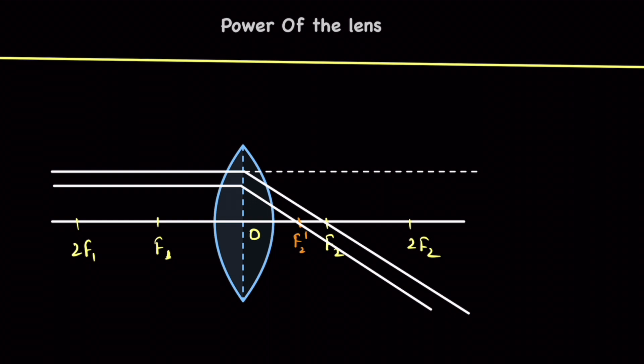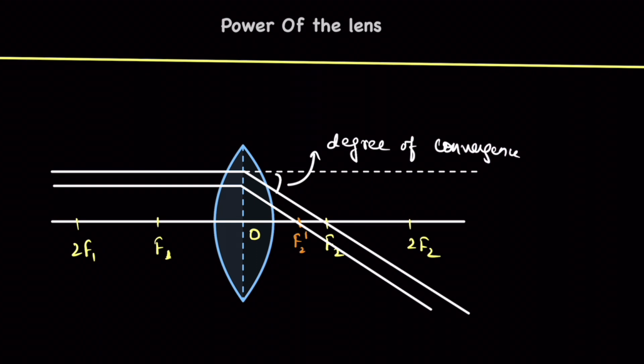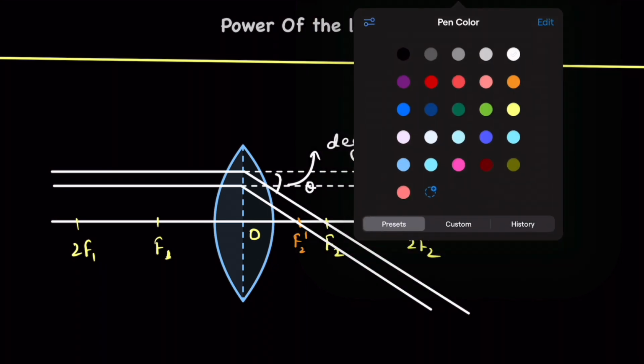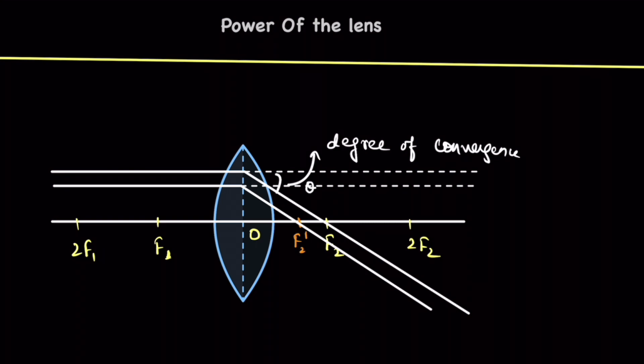Okay, fine. So if I consider this angle as the degree of convergence, suppose this is theta, and similarly for the new focus, this is the new degree of convergence.